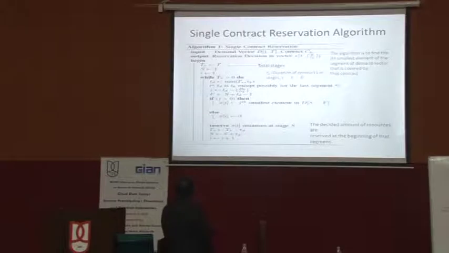And the selected smallest segment, the decided amount of resources are reserved at the beginning of that segment. Okay, so you find the smallest segment, and then you reserve that segment.